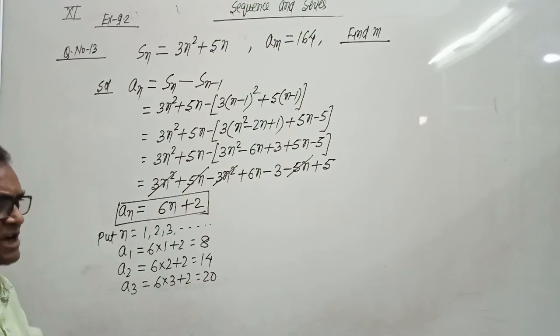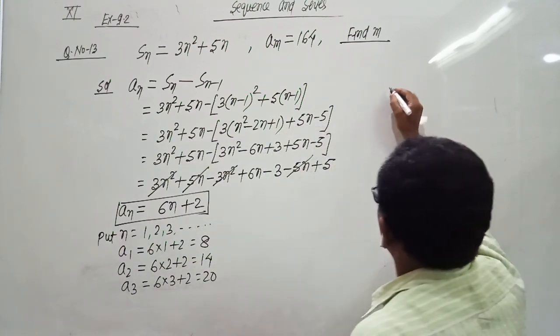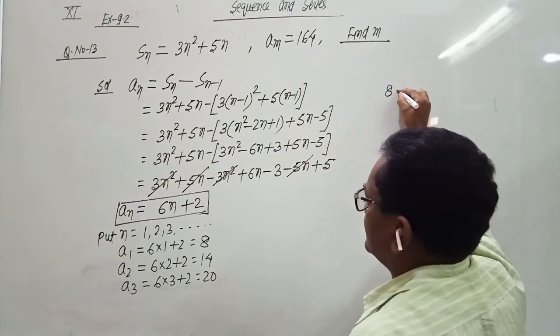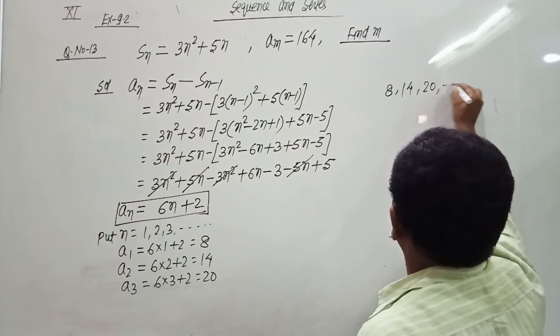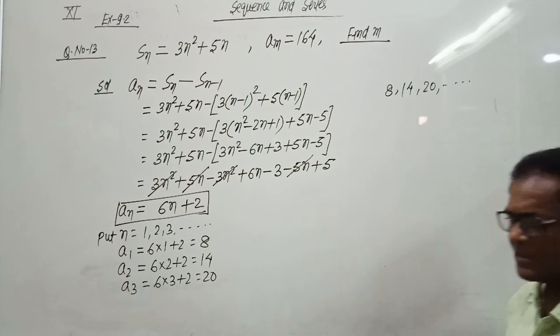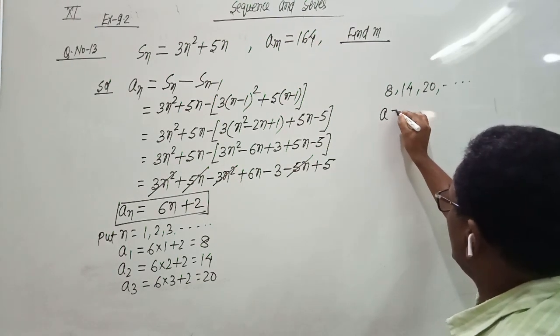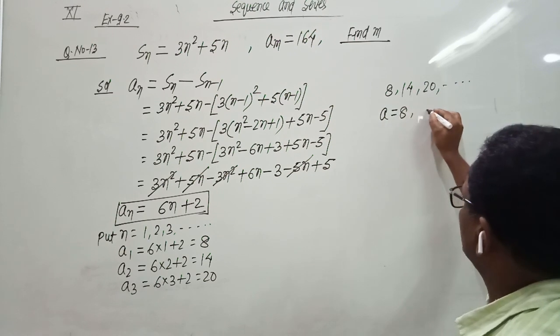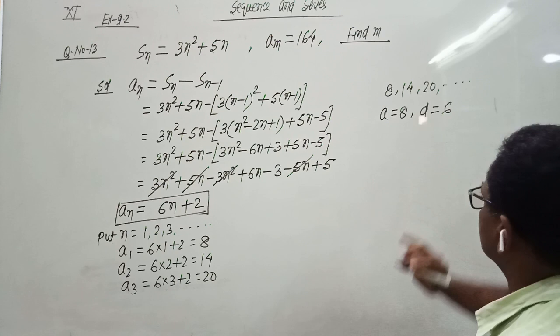So these are the AP. We get the AP 8, 14, 20, and so on. So the first term of the AP, a, is equal to 8, common difference 14 minus 8, 6.